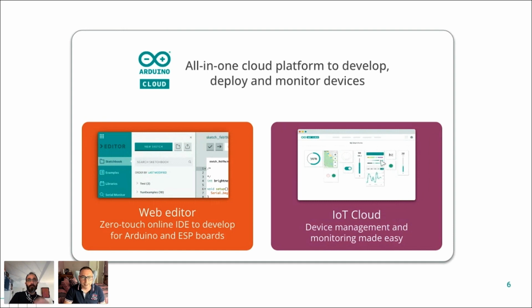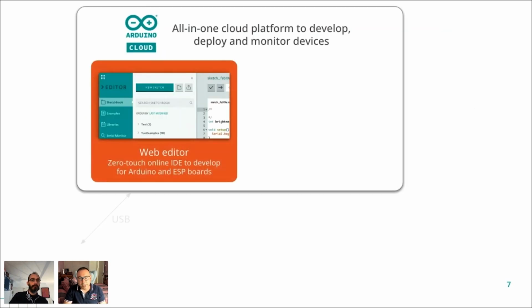But before that, let's dive a little bit deeper on the two applications and give some details. The web editor is the way you have to interact with the firmware of your devices. You can modify your sketch and program the devices there. The initial phases of the development are typically done with your device connected to your PC via USB.